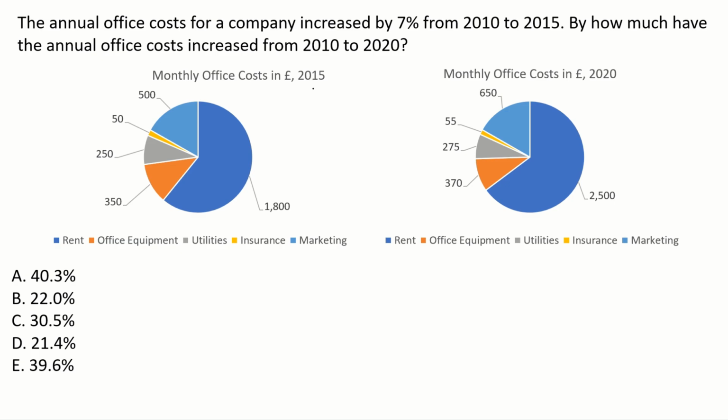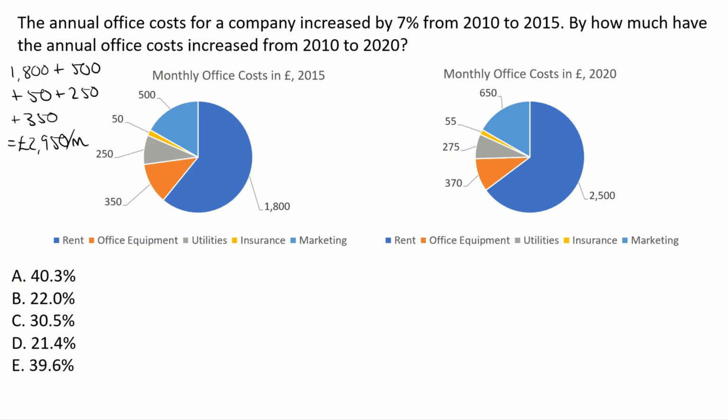So if we start off with this one for 2015, if we add all of these up, we have 1,800 plus 500 plus 50 plus 250 plus 350, and that gives us a value of £2,950 per month.